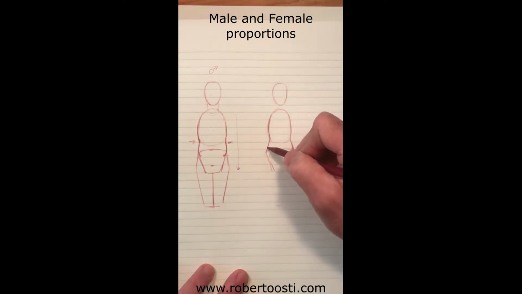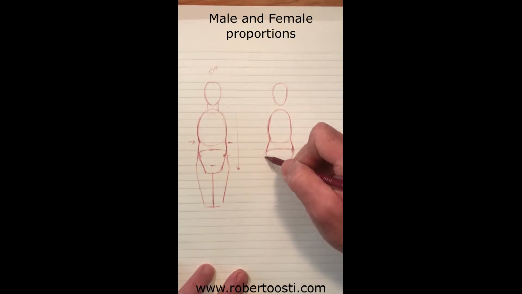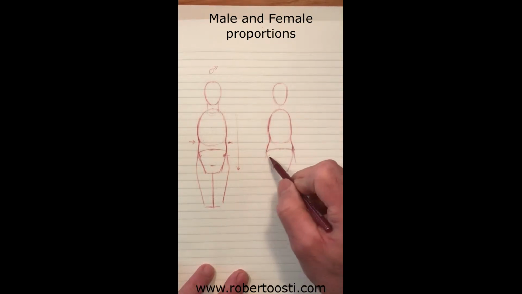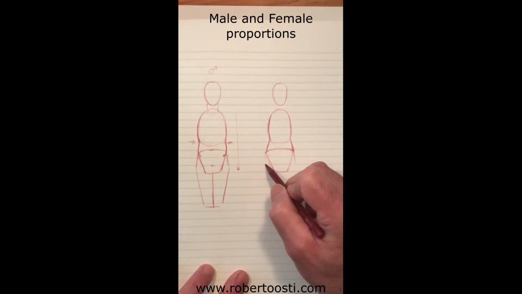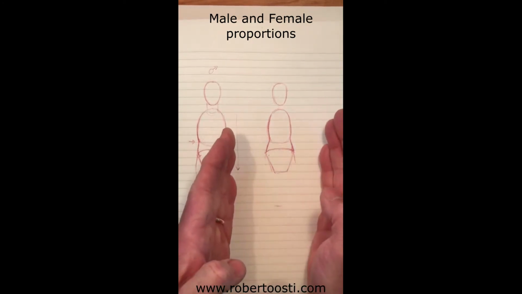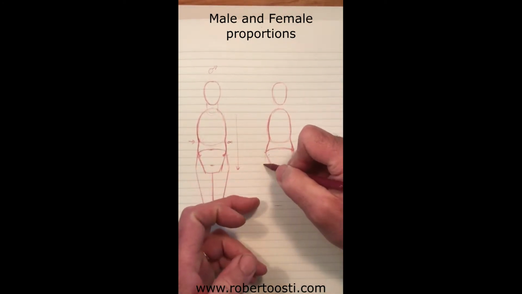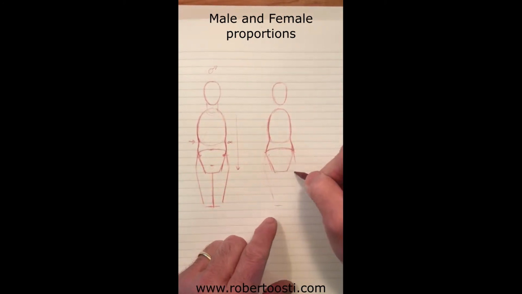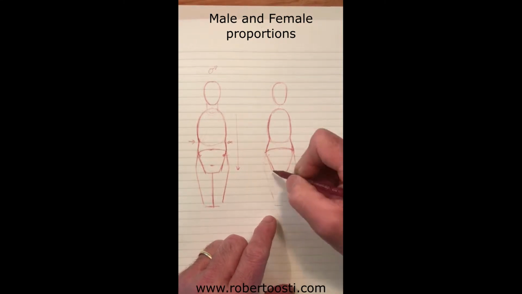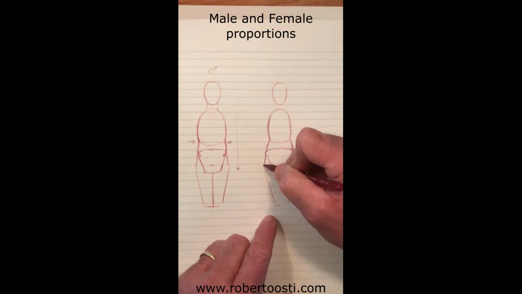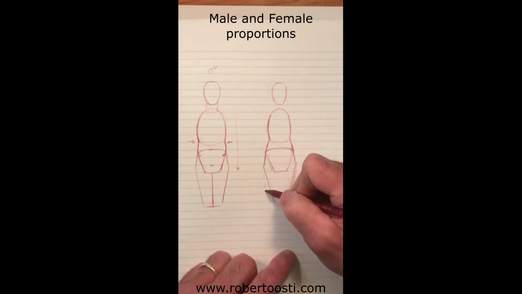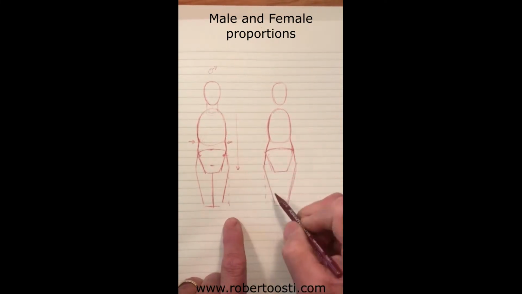If I then add the width of the legs here, because the pelvis tends to be wider, it means that the leg will start from farther out. Therefore, when they go back in toward the knees, the angle of the thighs tends to be more pronounced.